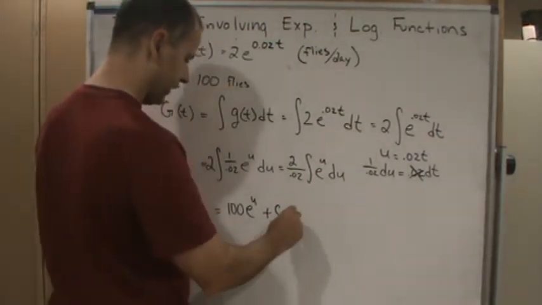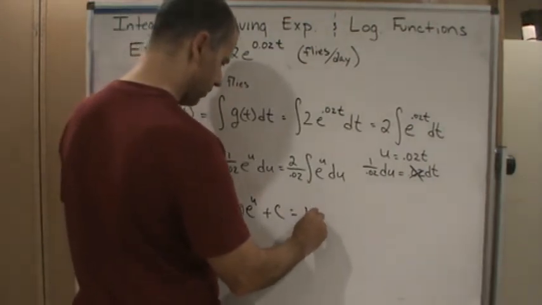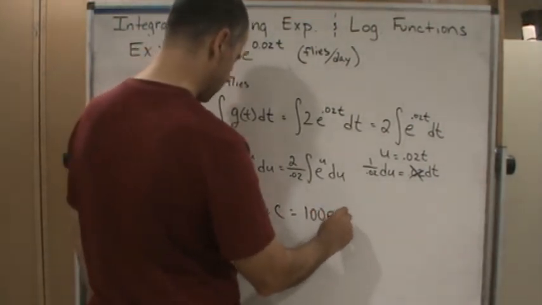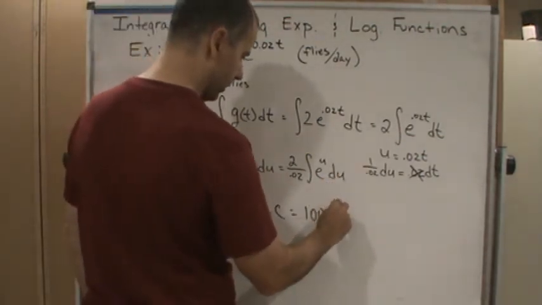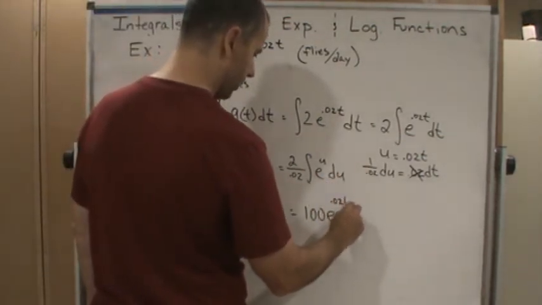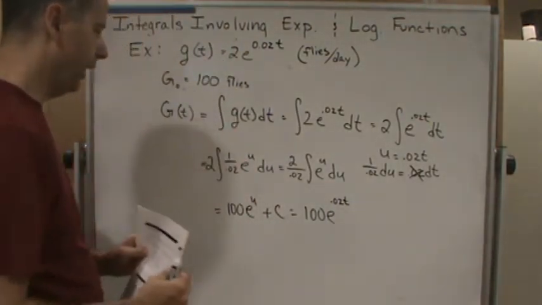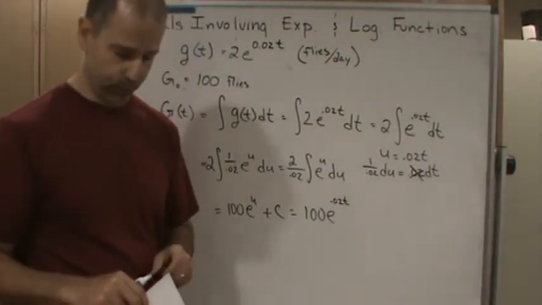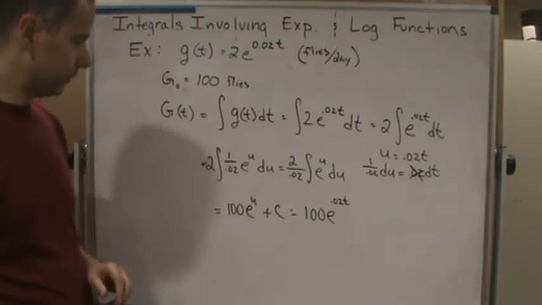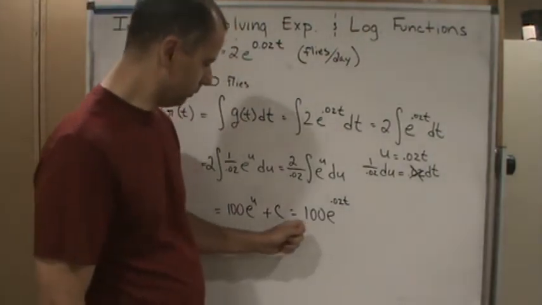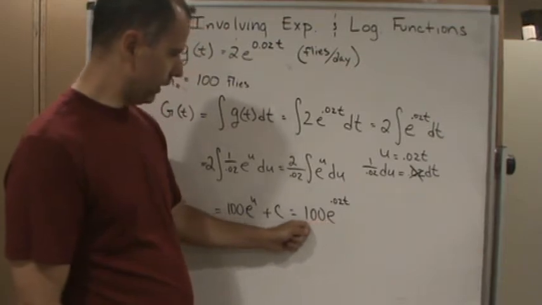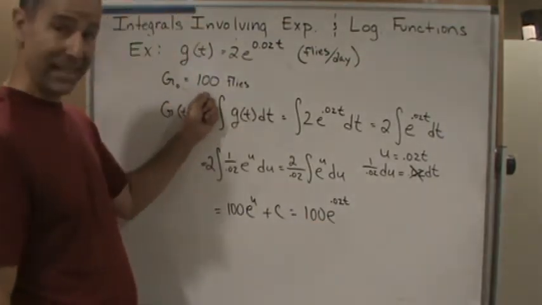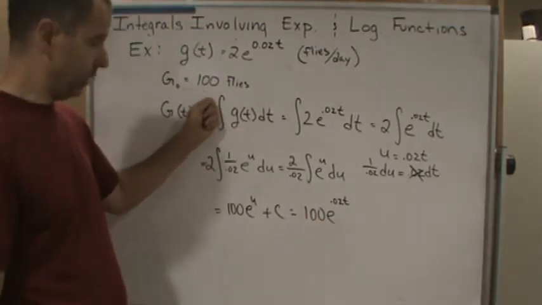So my final answer is 100 e to the u, which is 100 e to the 0.02 t. And maybe you've noticed a pattern, the 100 matches the initial population.